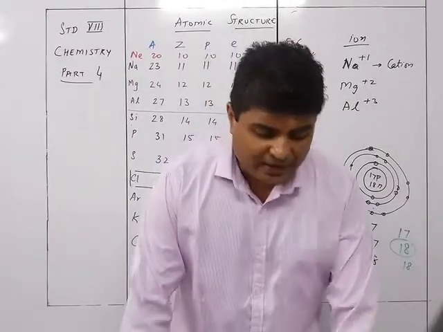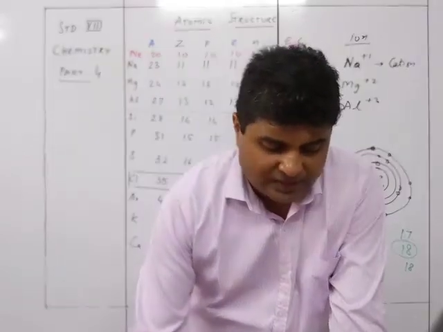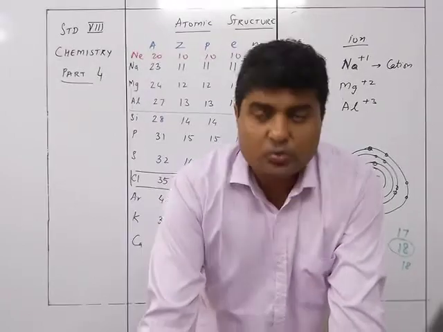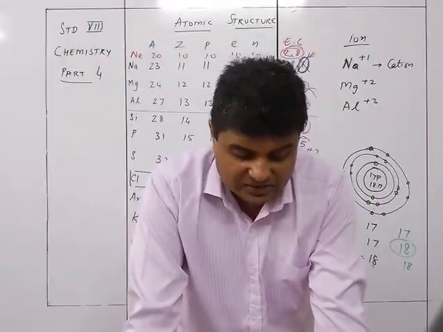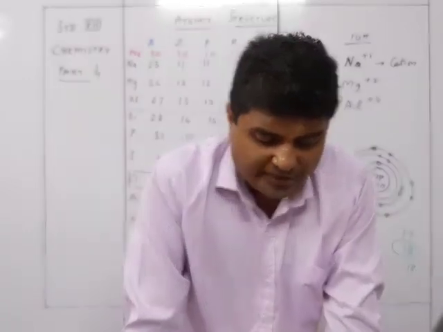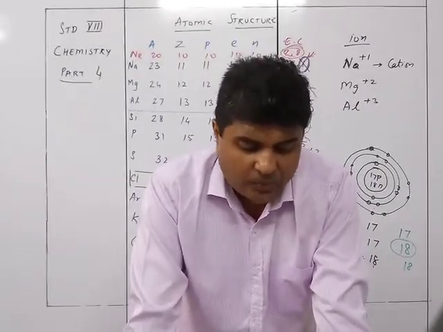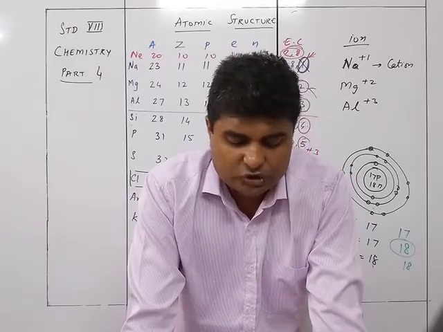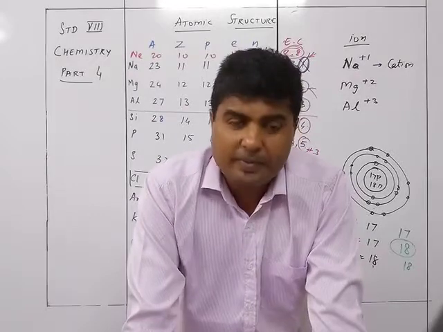Got it? So accordingly, you can see over here that metals generally have 1, 2 and 3 electrons in the outermost shell. Metals donate or lose 1, 2 or 3 electrons to become positively charged ions, cations. The number of electrons an atom of an element donates or loses represents its valency. Accordingly, Na will lose 1 electron to become Na+1, having the configuration 2, 8 of the nearest neon, and valency plus 1.